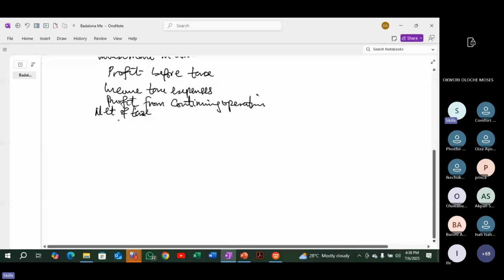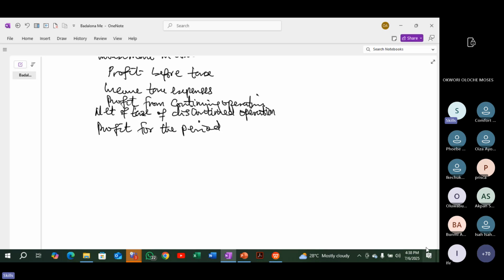Net of tax, that means profit after tax of discontinued operation. Then after that, you have profit for the period. So before solving it, I've already posted everything that I needed.